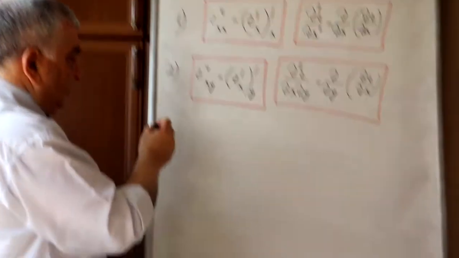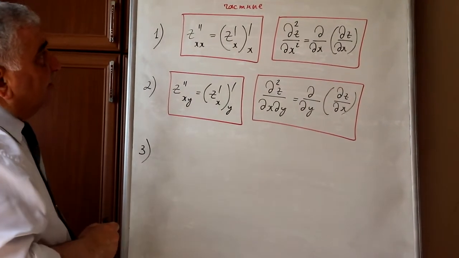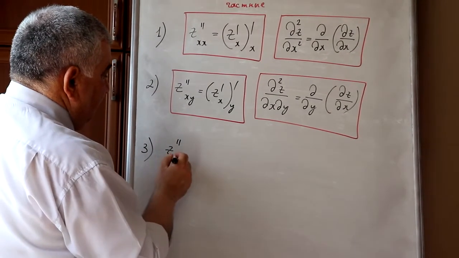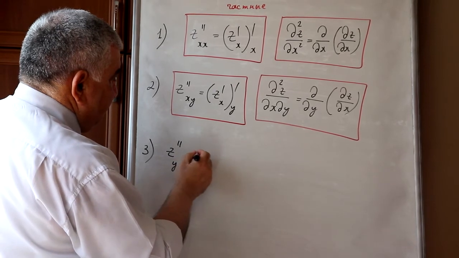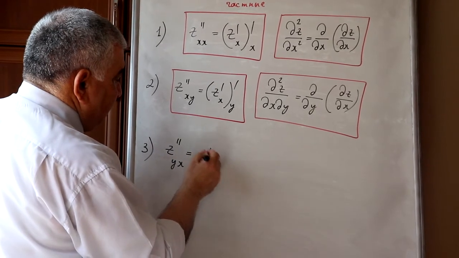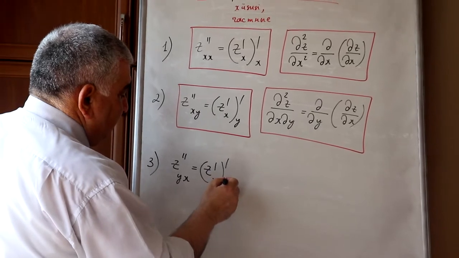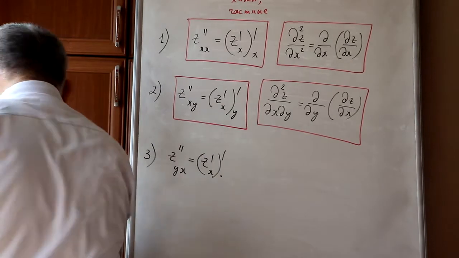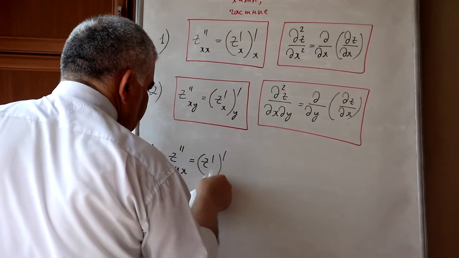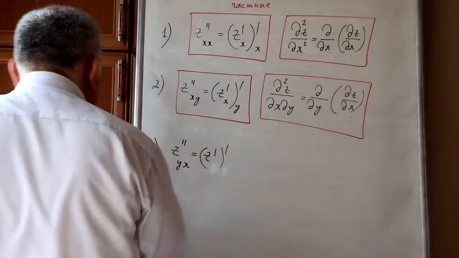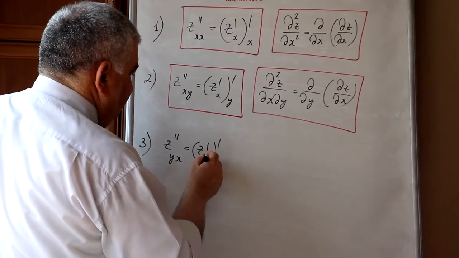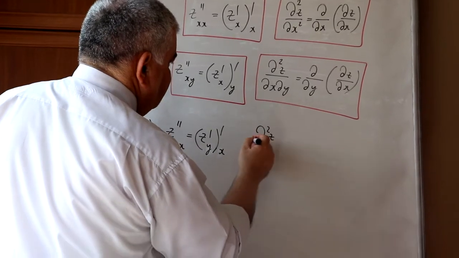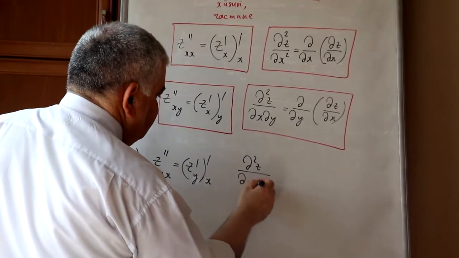Then third type of second order partial derivative, z2 prime yx is equal to z prime with respect to x prime with respect to y, or d squared z dy dx.